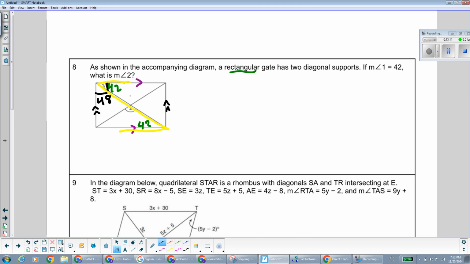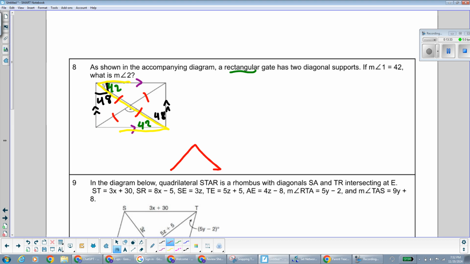The more the better. And remember, the diagonals of a rectangle are congruent, and they're also bisected. So it does form isosceles triangles.